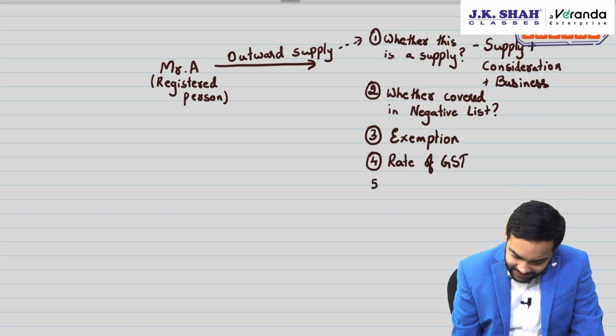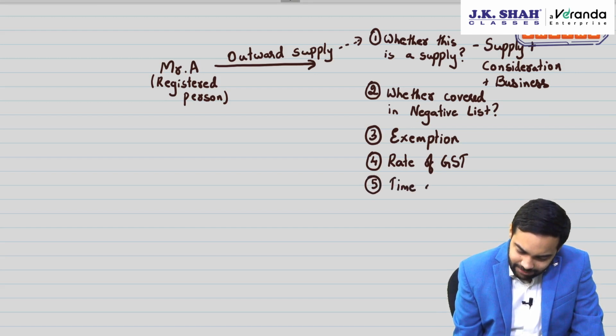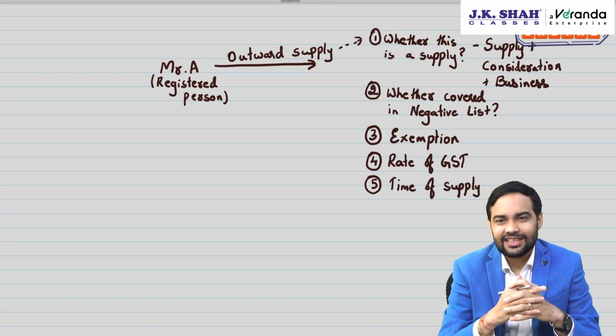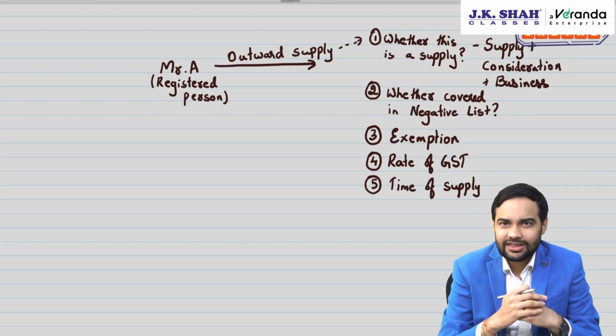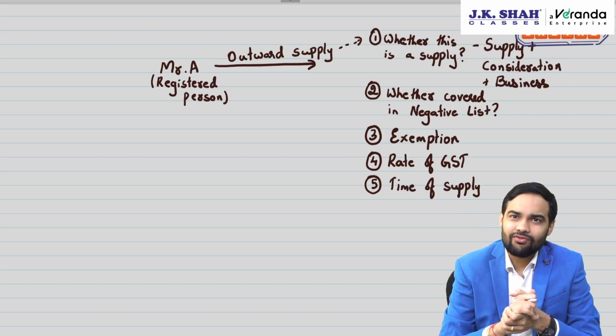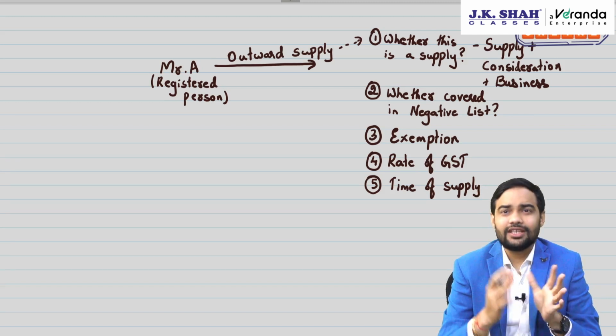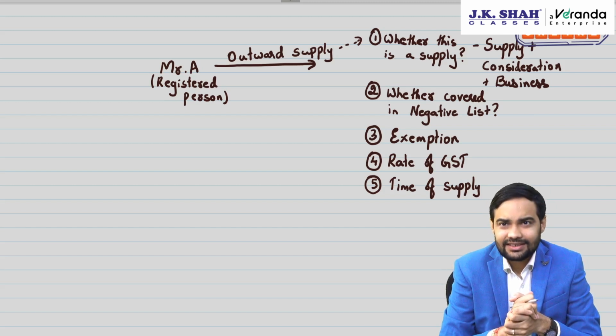After that, he has to decide by when he should pay the tax, because please understand that there could be various events. There could be a date of invoice, then date of payment, then date of completion. So there could be multiple dates.